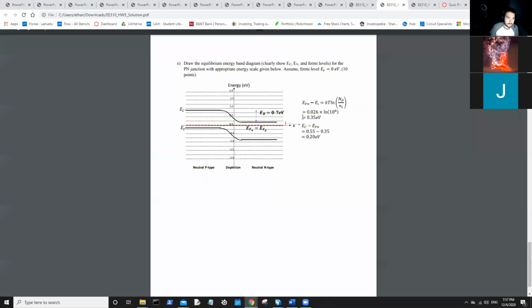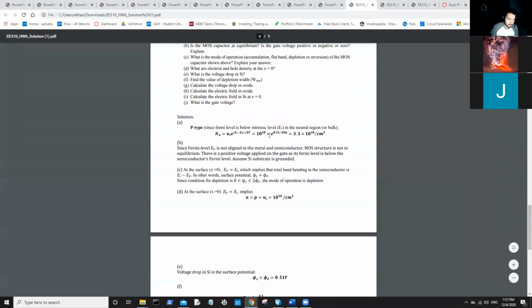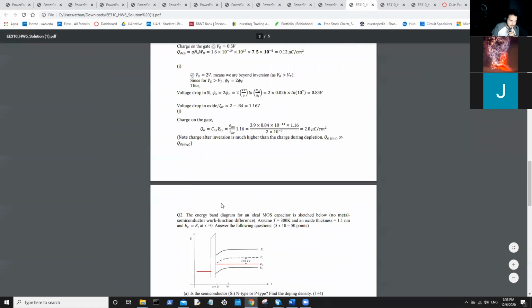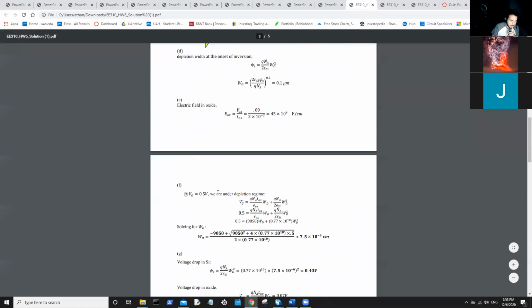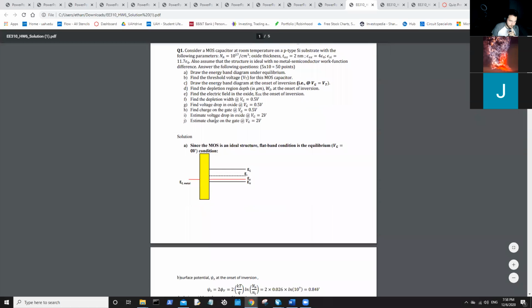I'm pretty sure we did answer a question with regards to oxide capacitance in this homework somewhere. Voltage drop, electric field, what is the operation of the MOS capacitor? Charge, charge, charge. We really never calculated this, did we?